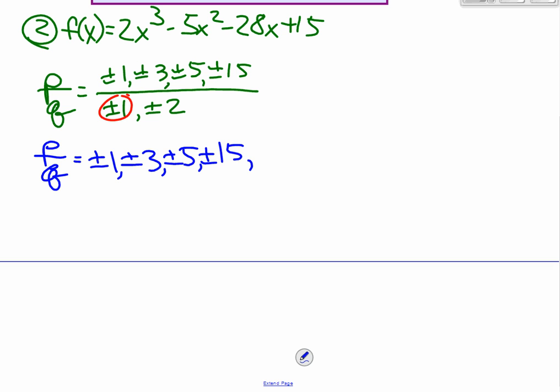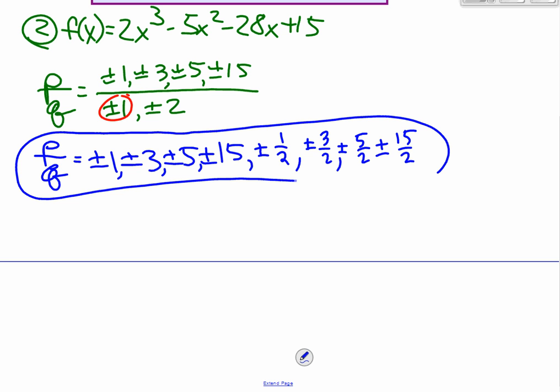And sometimes we're lucky, and there might be some even numbers up here that will reduce to a whole number, but not this time. So our fractional choices are ±1/2, ±3/2, ±5/2, and ±15/2. So that's part 1 of my answer, just to give those values.